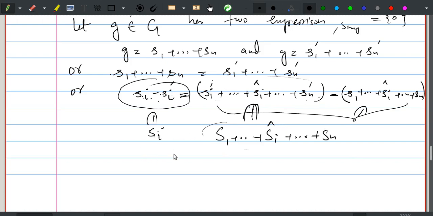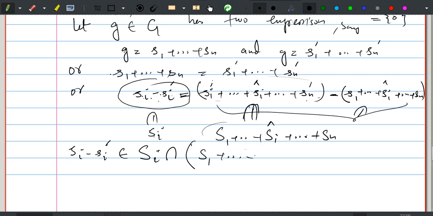So this implies this belongs to the intersection. This implies Si minus Si prime belongs to Si intersection S1 plus so on plus Si cap plus so on plus Sn, but this intersection is given to be equal to the singleton set.